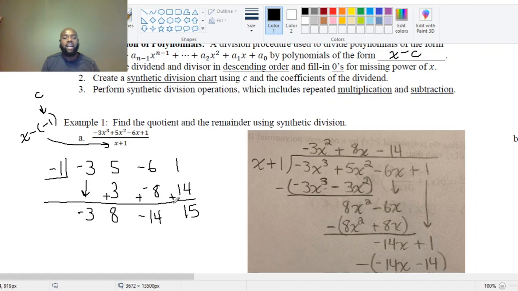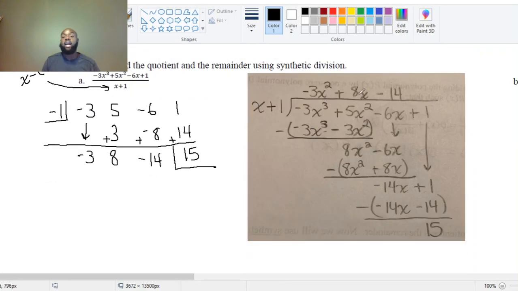At this point, I separate the 15 from the other terms, and I try to figure out what this means, right? And so to figure out what this means, I've placed the work that I would use with long division. Remember, we've already done long division. I'm not reviewing that in this video. If you want a review of that, I think you can go to section P.5, and that'll give you a review of our operations with polynomials, sorry.